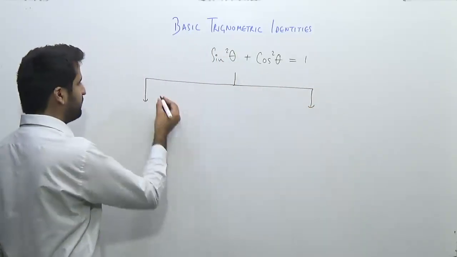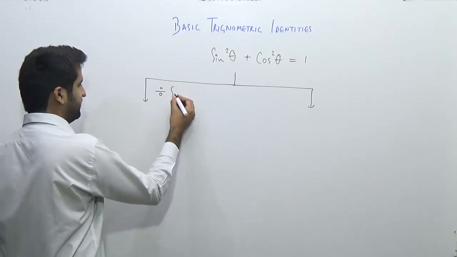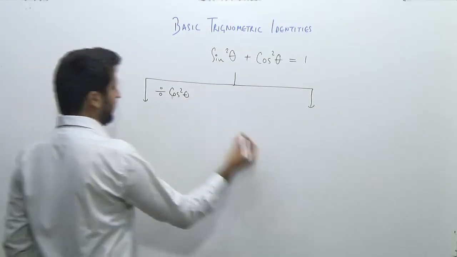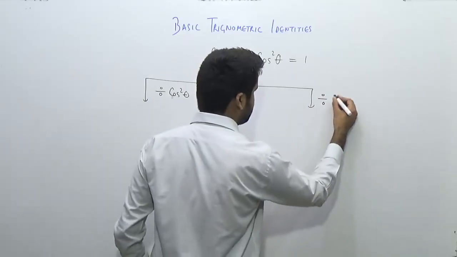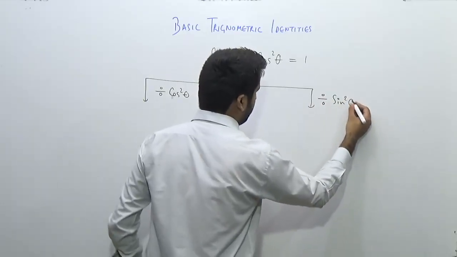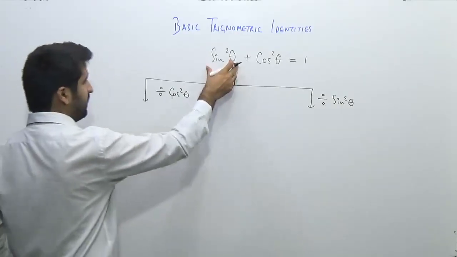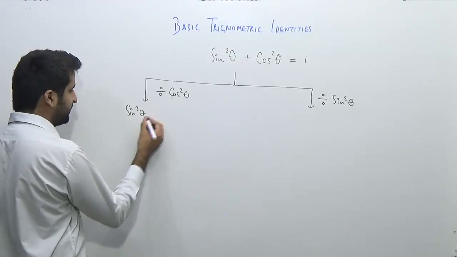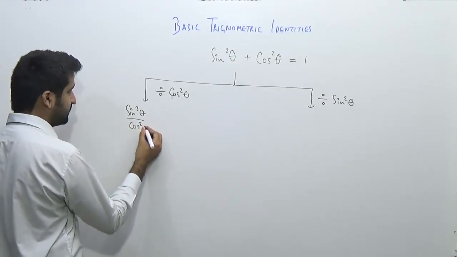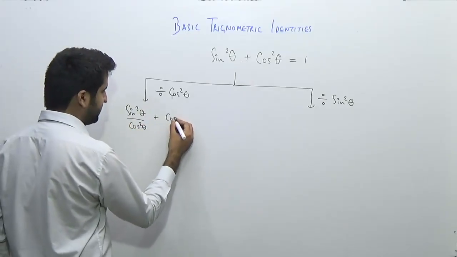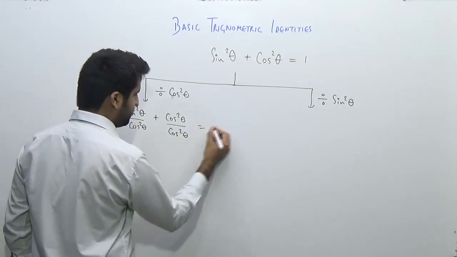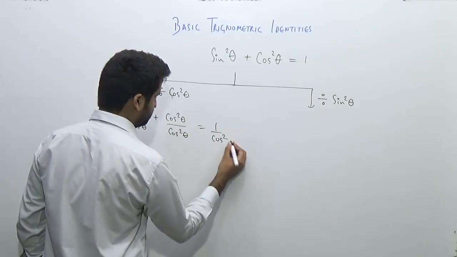If we divide the whole equation by cos square theta first, and then we divide the whole equation by sine square theta. What we will get, dividing by cos square theta, is sine square theta upon cos square theta plus cos square theta upon cos square theta is equal to 1 upon cos square theta.